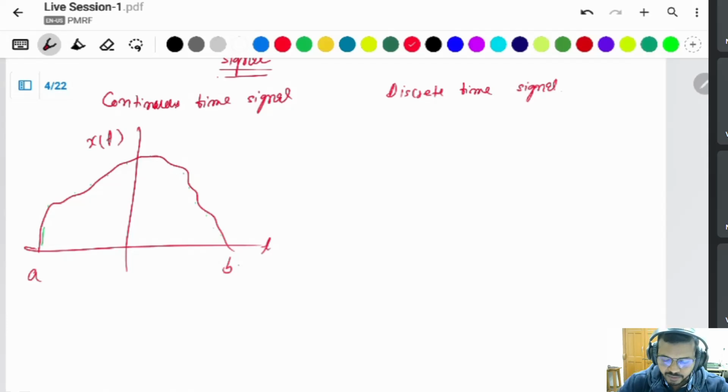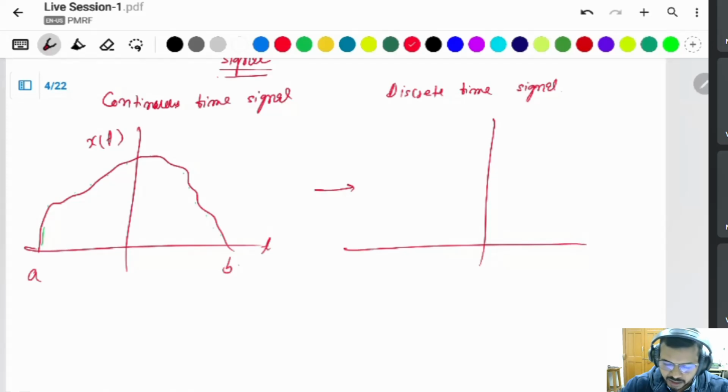But if you go to the discrete time signal, then you convert this one into discrete time. The discrete and digital are different things. You can convert it into discrete by taking a switch at some time interval. Switching this, the same signal goes from a to b.